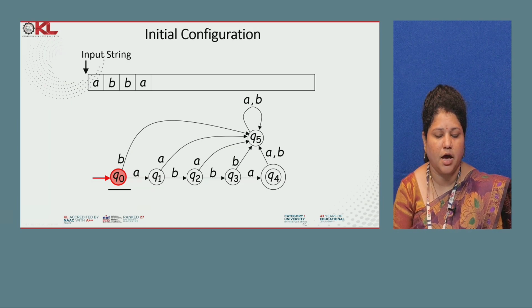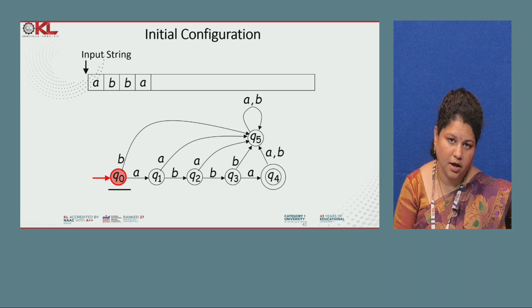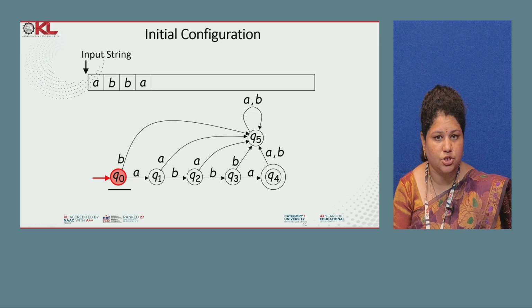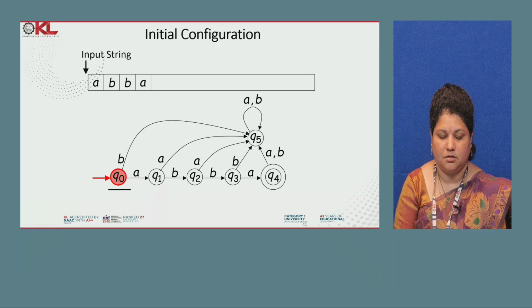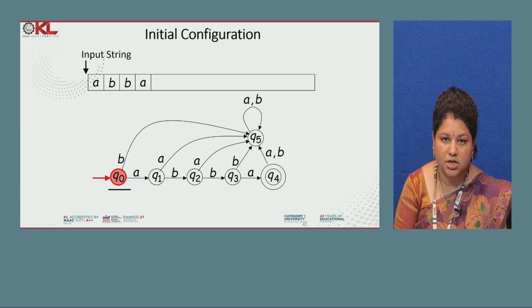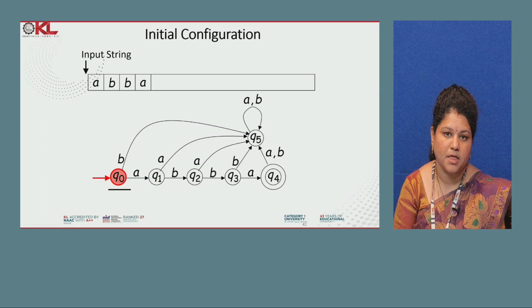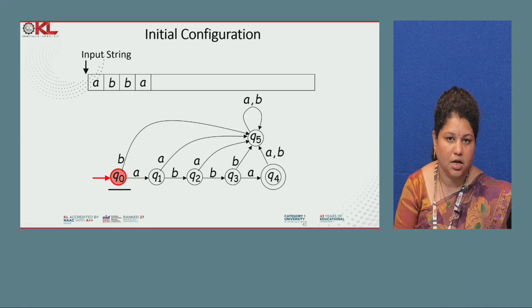For example, we have 2 symbols A and B. So there is an A transition and a B transition. Both transitions are generated from a specific state, and for the same input we are not going to generate another transition from the same state.